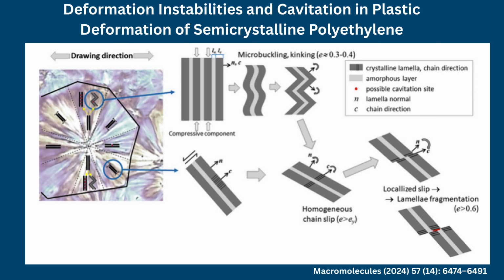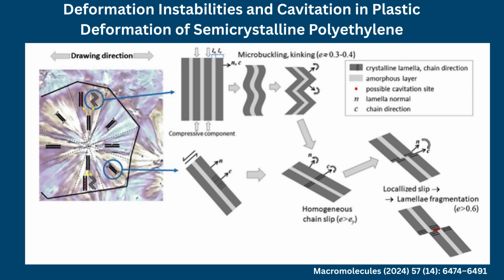Synchrotron scattering studies have shown that PE with different crystal thicknesses can exhibit substantially different cavitation and crystal shear behavior. More recent work has identified an important relationship between crystal thickness and the critical tie molecule fraction required for ductility.